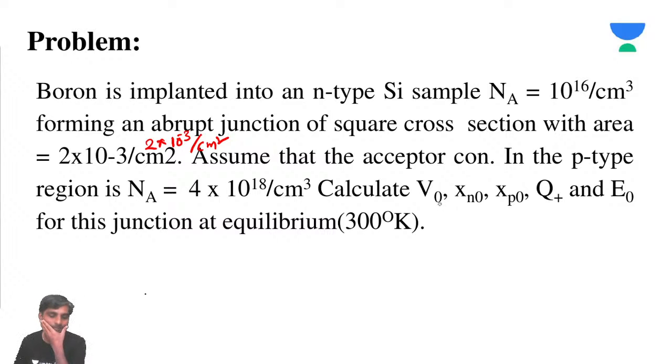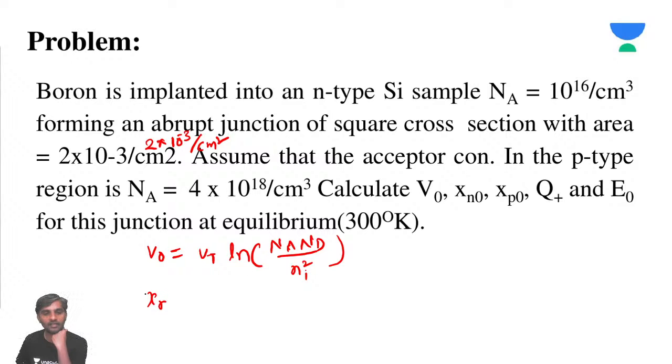This same type we have discussed. Same formula, V naught is equal to Vt into ln of Na Nd by Ni square.